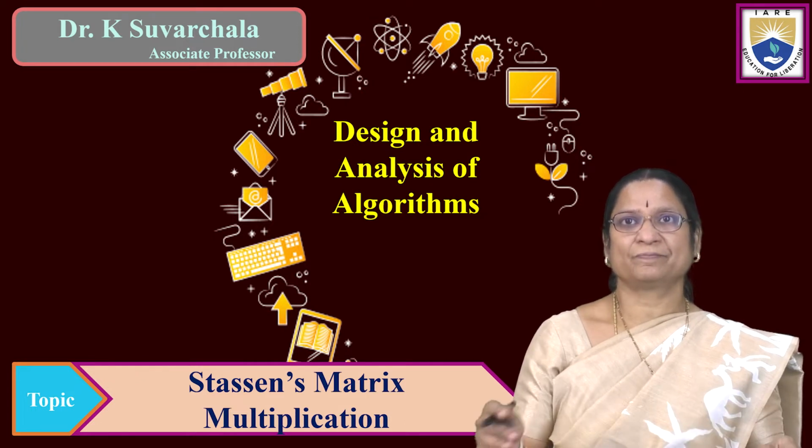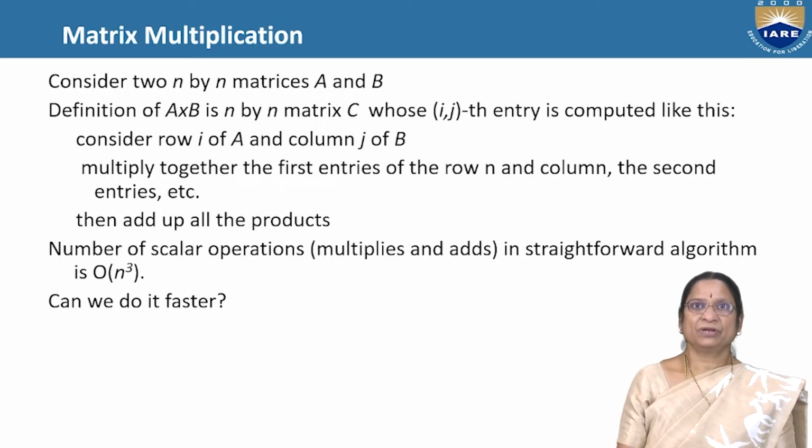So basically, if you consider two matrices, for convenience we will take square matrices of order n by n.